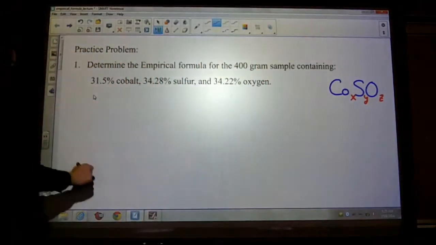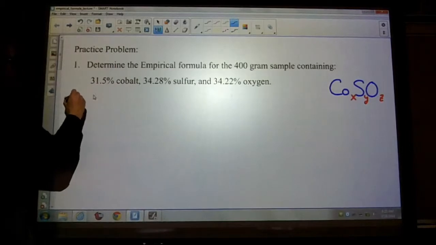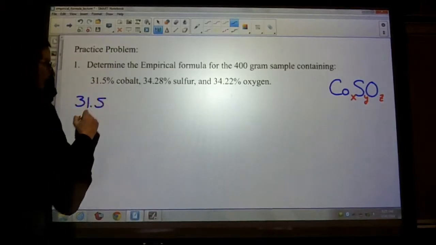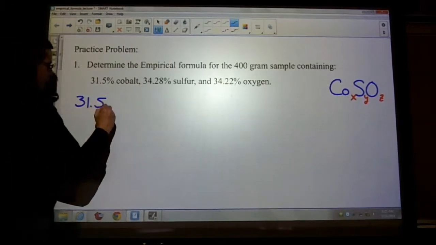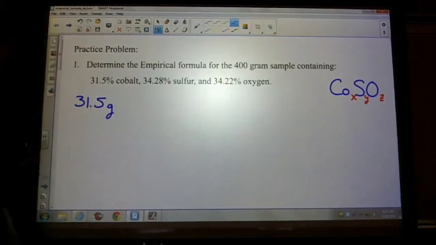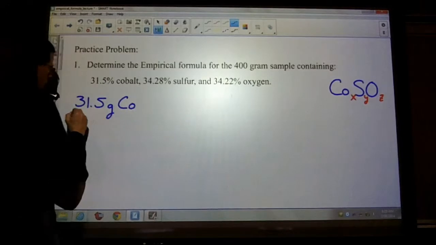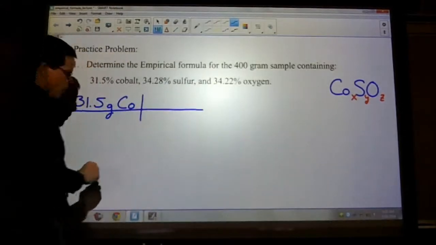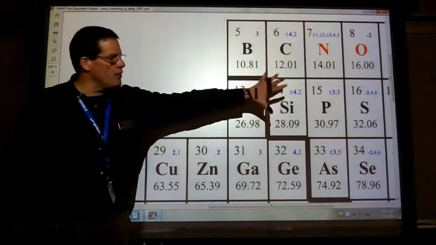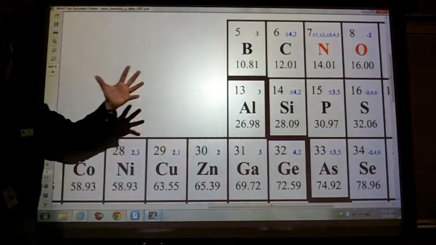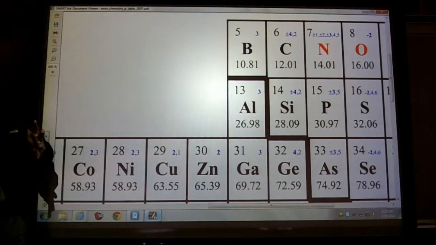So let's look at the 31.5% of cobalt, but I'm going to make that out of a 100 gram sample, which means I have 31.5 grams of cobalt. One nice thing about the periodic table is that even though all of these elements have different masses, they all gravitate toward one unit, which is 1 mole.